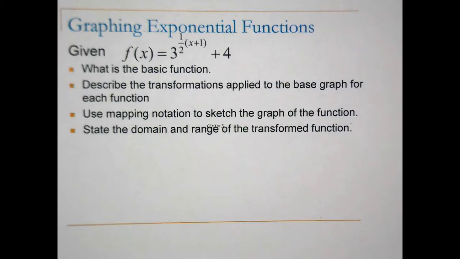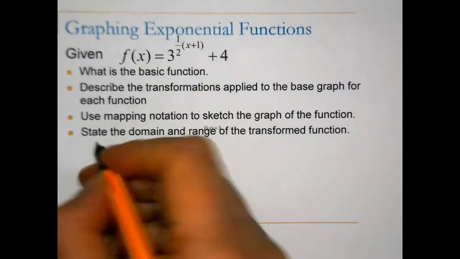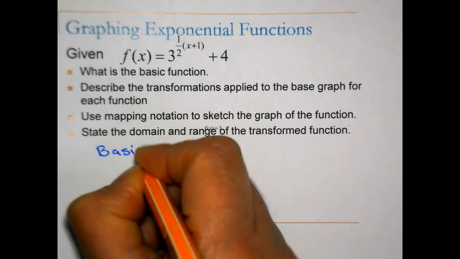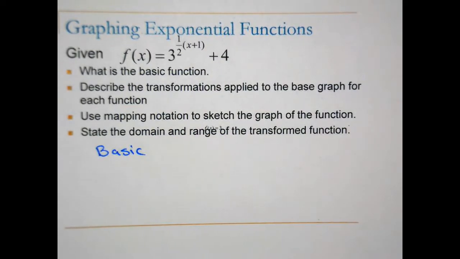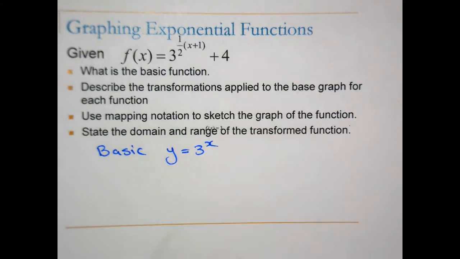And then after we've done that, we are going to state the domain and range of the transformed function. So the basic function here is y equals 3 to the exponent x.